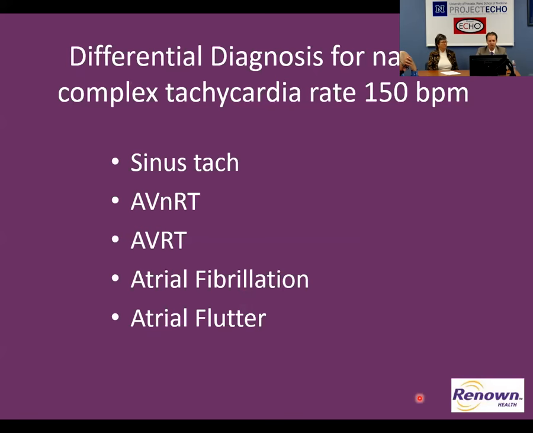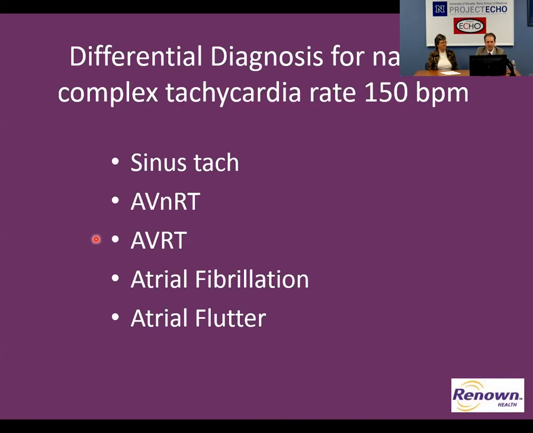If you have a narrow complex supraventricular arrhythmia at a rate of around 150 beats per minute, there's a variety of things. The most common true arrhythmia is AVNRT, and I showed you the pseudo R prime. About half of the time you won't see anything. You'll just see a QRS regularly marching.